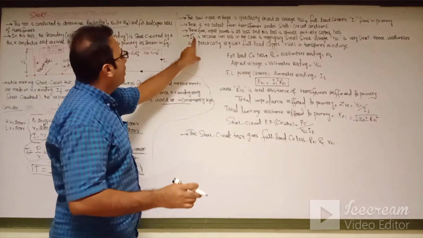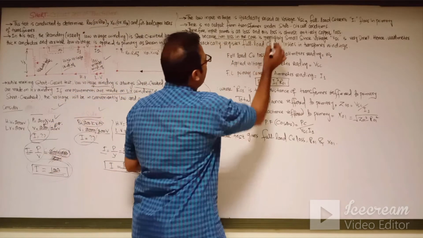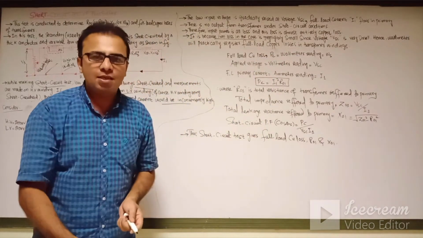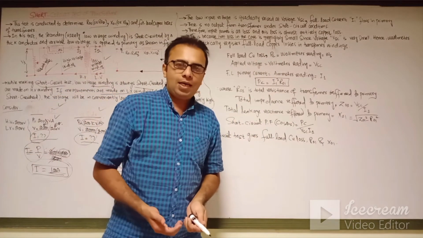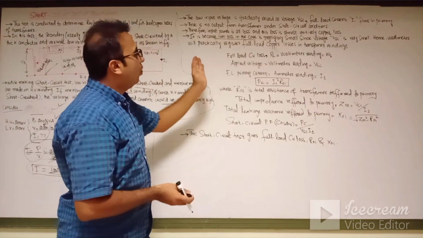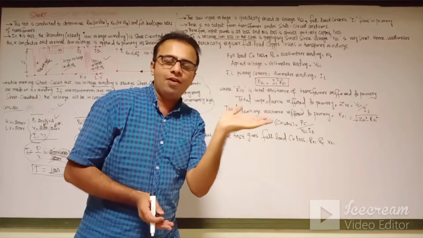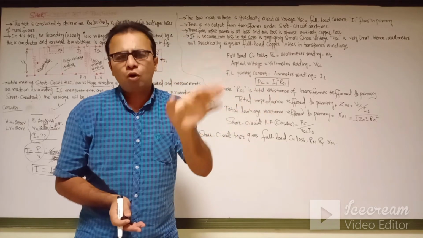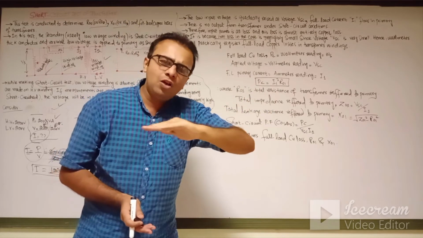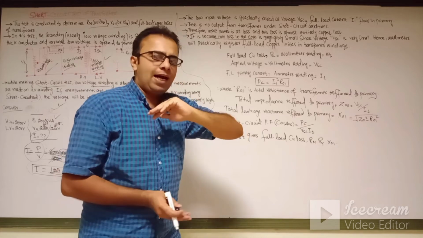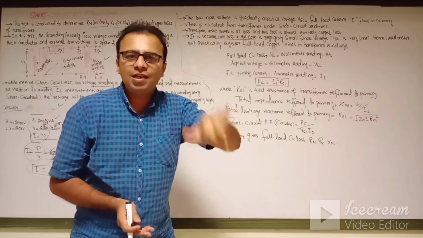It is so because the iron losses in the core of the transformer are negligibly small, because the applied voltage VSC, at which the I1 current is flowing, is very low. So the iron losses or core losses are negligible in this case.